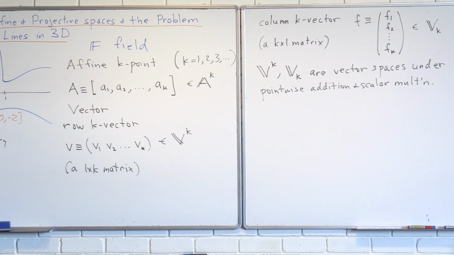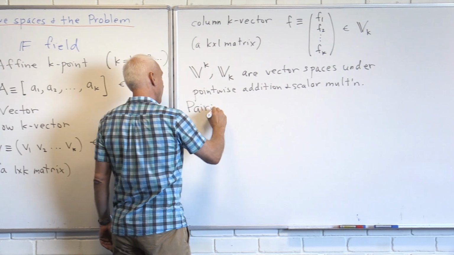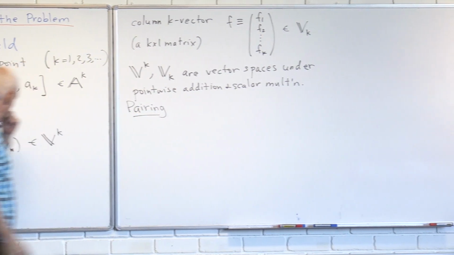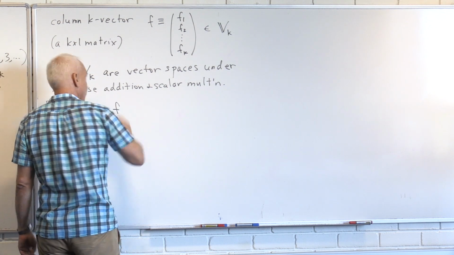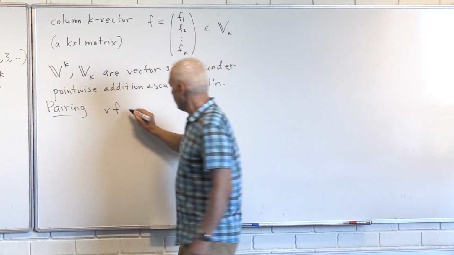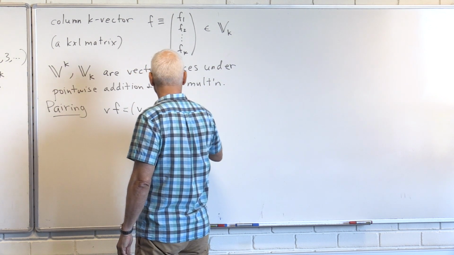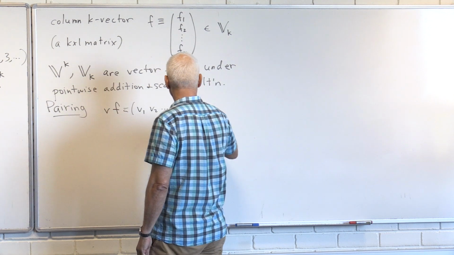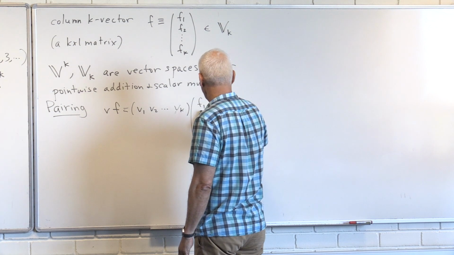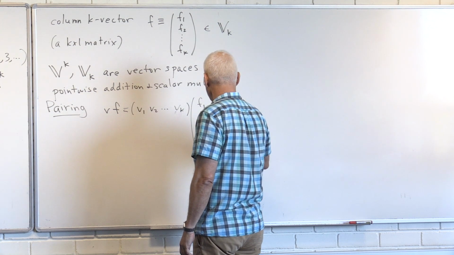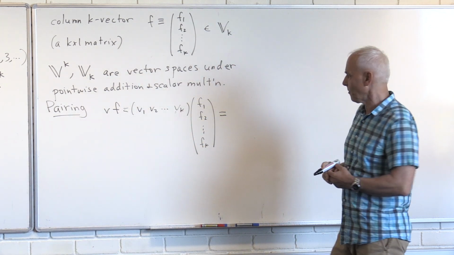Now there is, in addition, a pairing between them. So the pairing is that if we have v and f as here, then we can take v times f. So we're talking about taking the row vector v1, v2, all the way up to vk, and multiplying it by the column vector f1 down to fk, and we're just doing matrix multiplication.